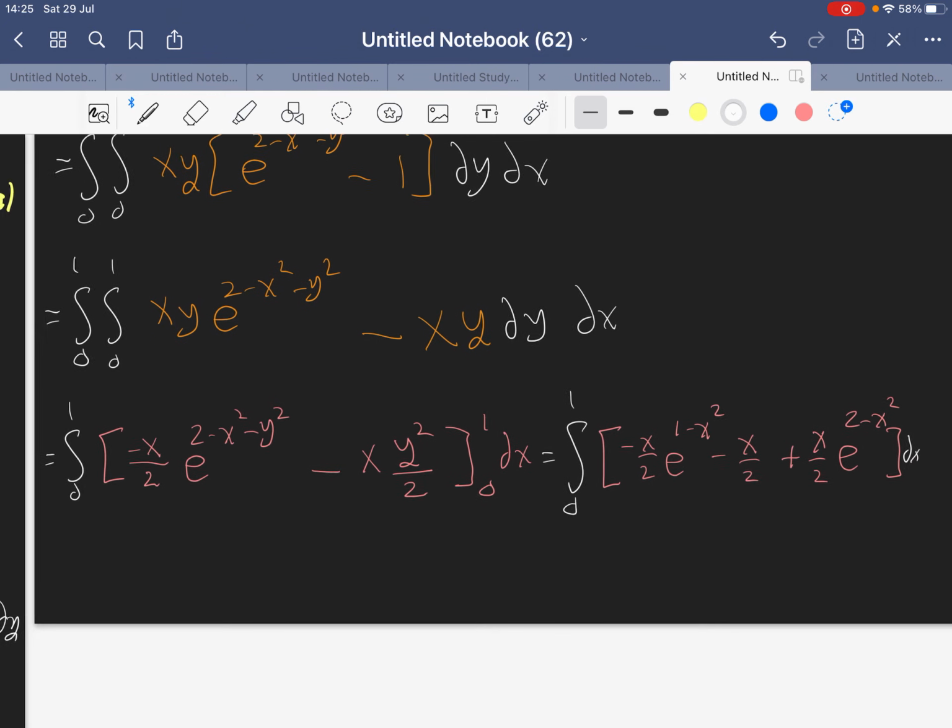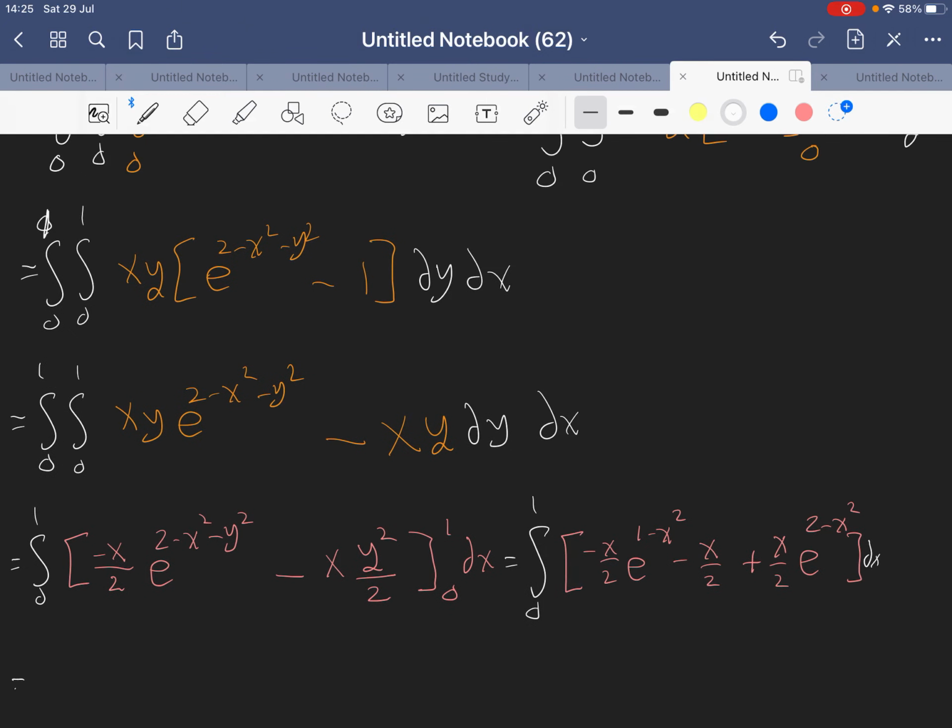And now, final step, we need to integrate this one up here. If we do it, this would be just 1 over 4 e power 1 minus x squared, because of the substitution, negative, this will be x squared over 4, and the last one will be negative 1 over 4 e power 2 minus x squared, and I need to evaluate from 0 to 1.